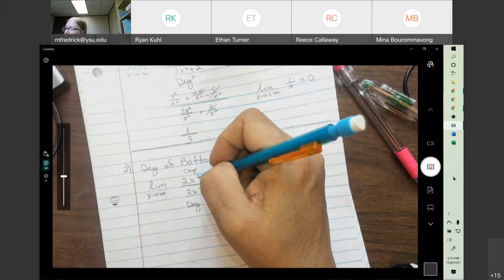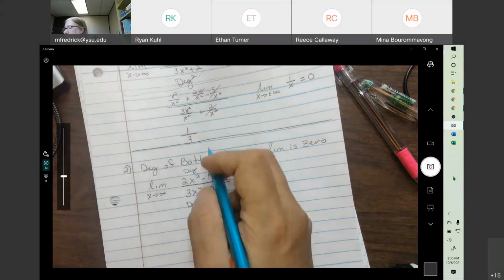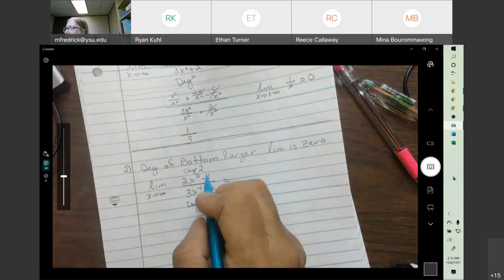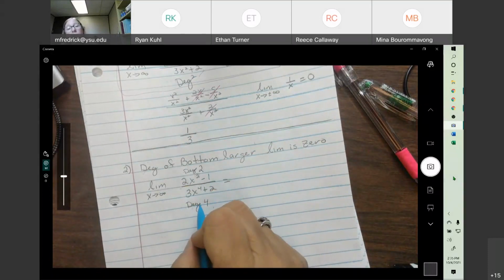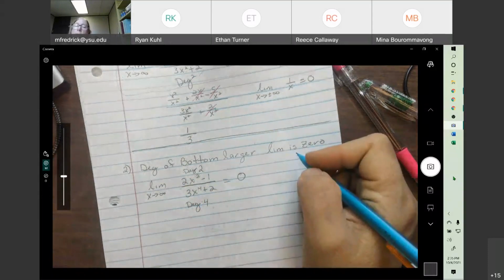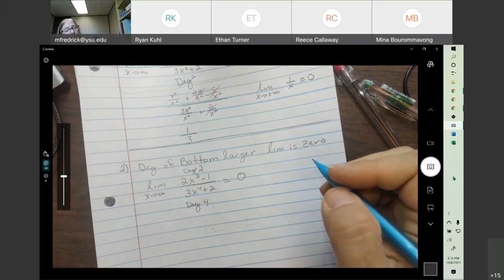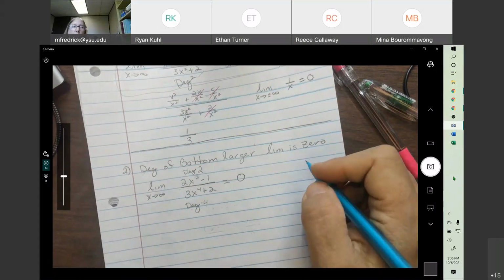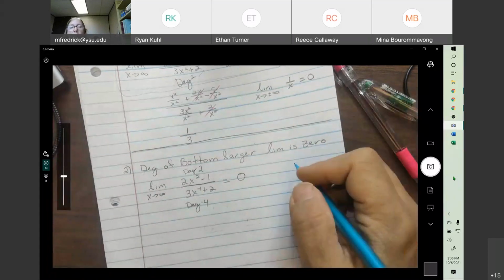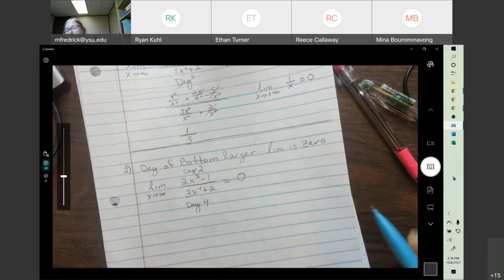I'm getting that from the exponent, not the coefficient. So the degree of the top is 2. The degree of the bottom, 4. Degree of the bottom is larger. So my limit, 0. Any questions on that? So if the degree on the bottom is larger, it's 0.